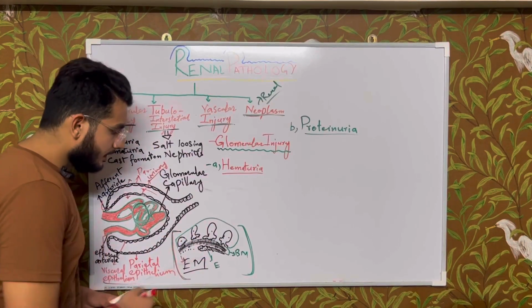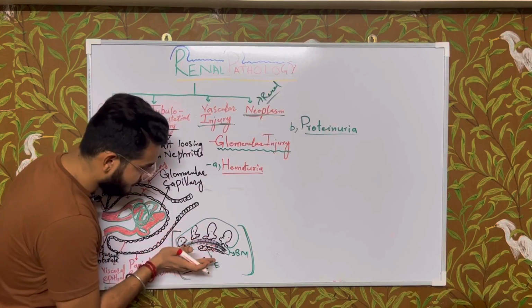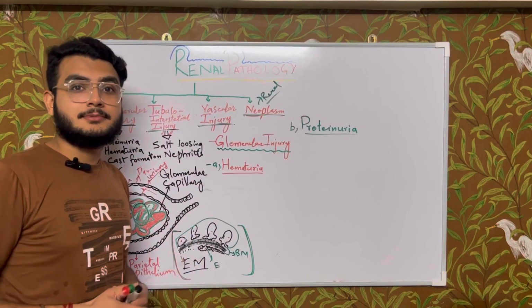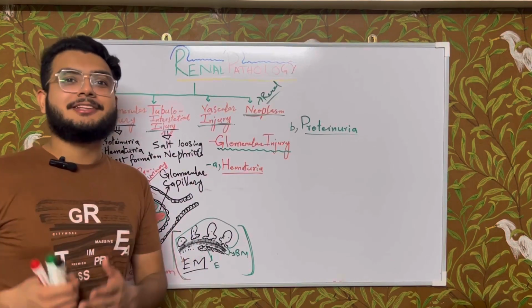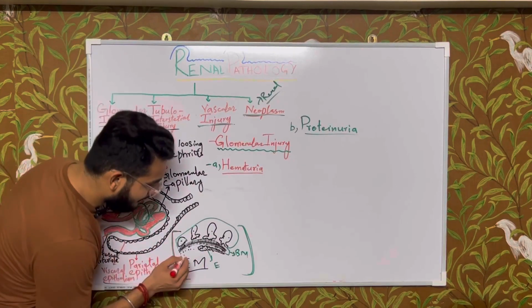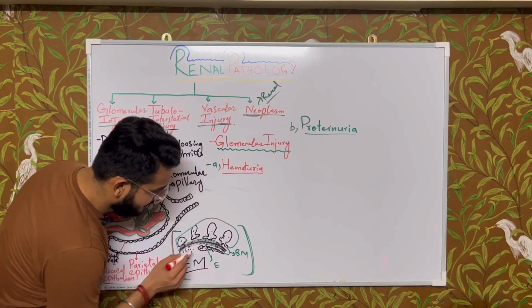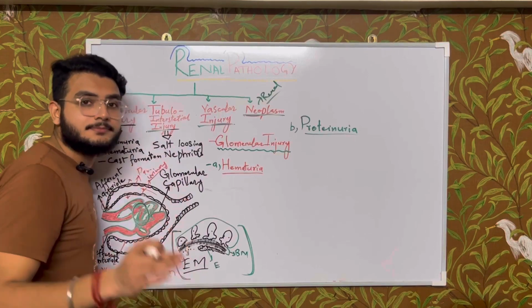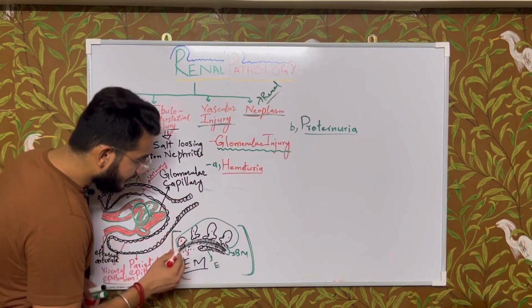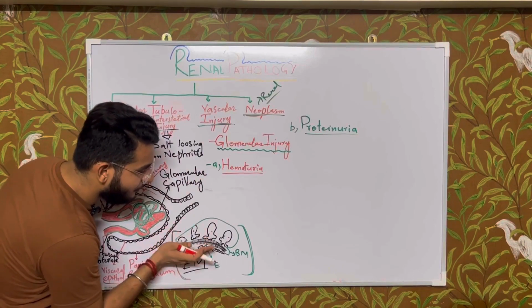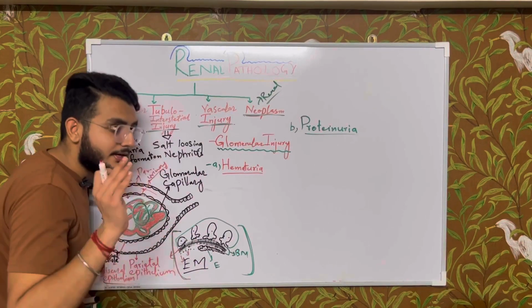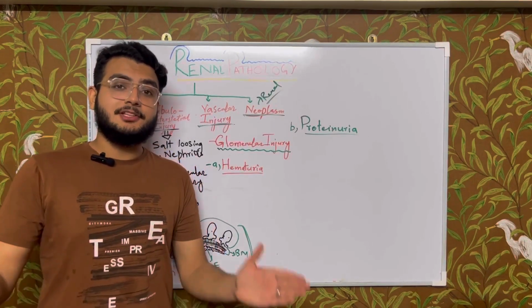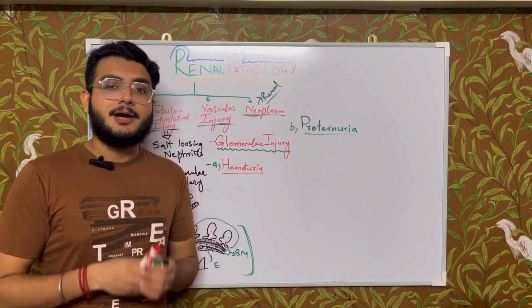Then, going up, you will find that this endothelial layer is supported by the basement membrane, which is also trilaminar. The part of the basement membrane nearer to the endothelium is known as lamina rara interna. The part far from the endothelial layer is known as lamina rara externa, and the part present in between these two is known as lamina densa.